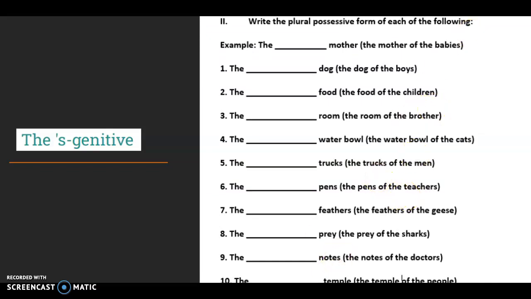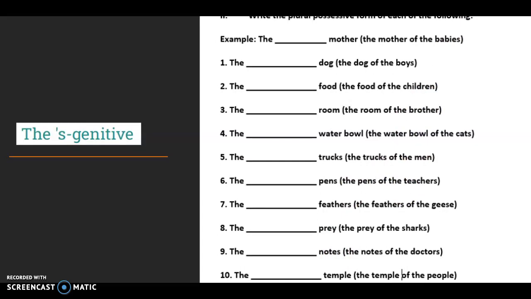Okay, let's continue. Now, we are going to work with plural. I remind you that it is the genitive, the s genitive. Here, we have to write these sentences again because, of course, they are not correct. The mother of the babies. Okay, babies is plural, so you say the babies' mother.